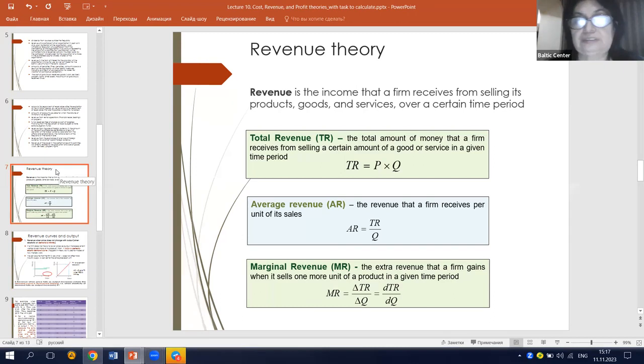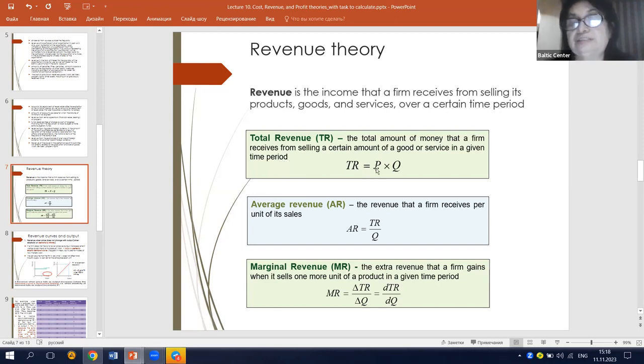The concept is the income that a firm receives from selling its products, goods, and services over a certain time period. So we have total revenue, TR. It's the total amount of money that a firm receives from selling a certain amount of goods or services in a given time period.